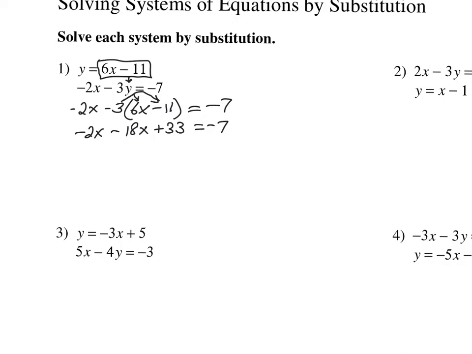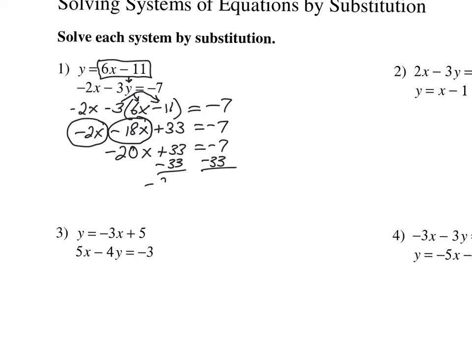Now I look for like terms. I have a negative 2x and a negative 18x. That gives me negative 20x plus 33 equals negative 7. Now I have to get rid of the number that's being added after the x. I get rid of that by subtracting 33.